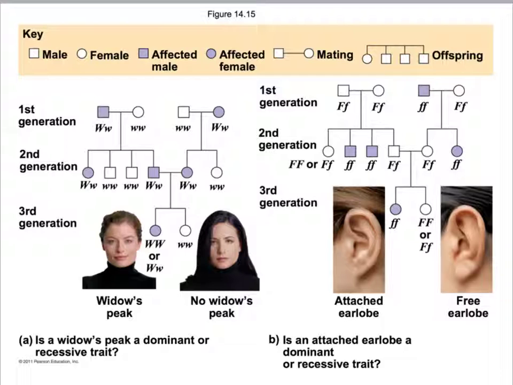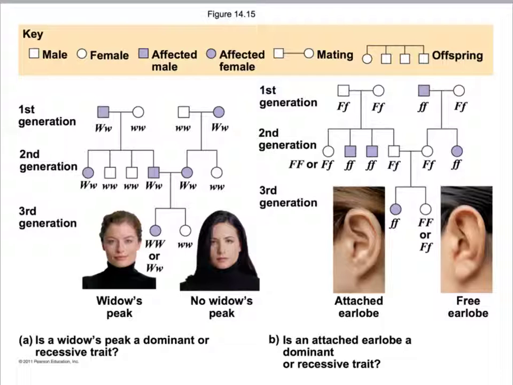In the diagram here at the top is a key of what the different symbols mean on these pedigrees or family trees. Generally, the trait that is being studied in the pedigree is termed the affected trait. So an organism who has the trait that's being studied is affected, and their symbol on the pedigree is typically shaded in.